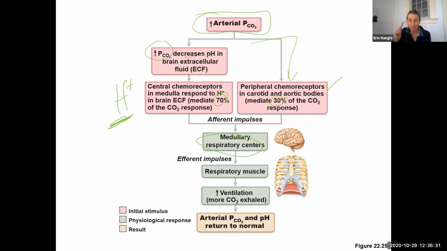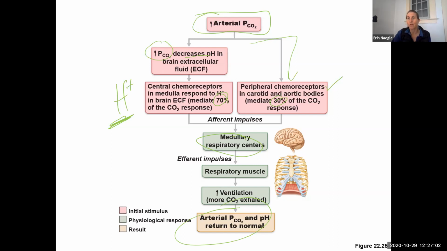If I increase it, then I'm going to exhale more and get rid of that carbon dioxide. So I'm going to send an impulse to those muscles to contract, because when those contract, that's when I inhale. And those pulses are going to be sent more often, so I am breathing more frequently. And then my arterial carbon dioxide and pH levels should return to normal.